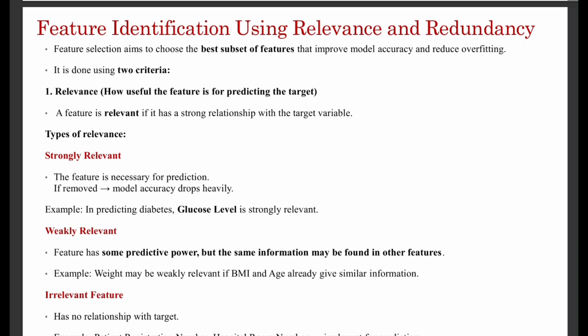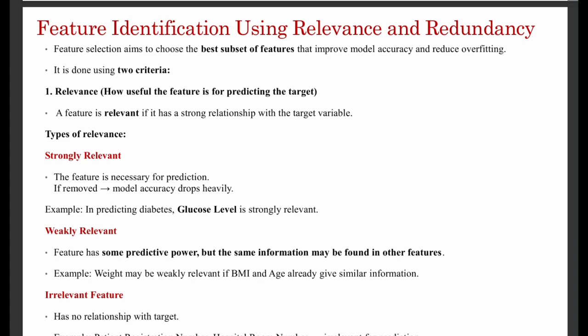Example: in predicting diabetes, glucose level is strongly relevant. A feature is weakly relevant if it has some predictive power, but the same information might already be captured by other features. Example: weight might be weakly relevant if BMI and age already encode similar information.